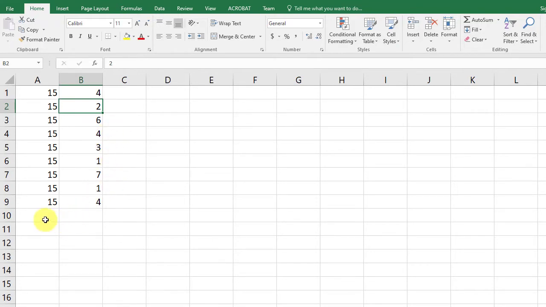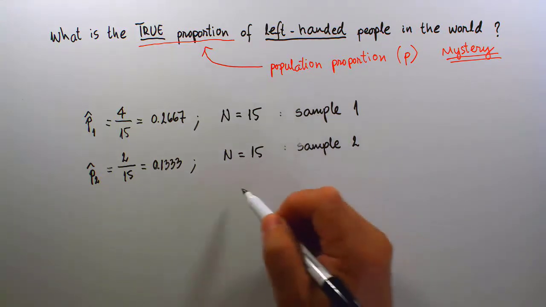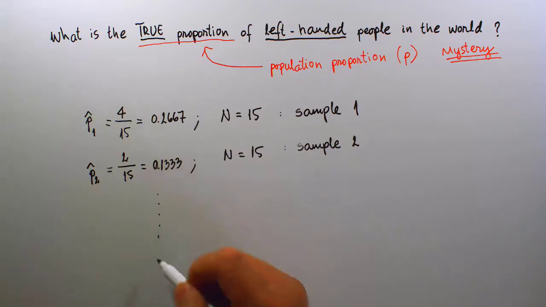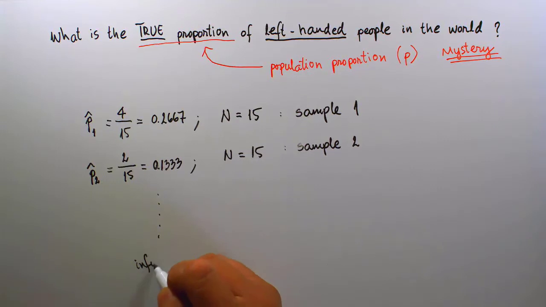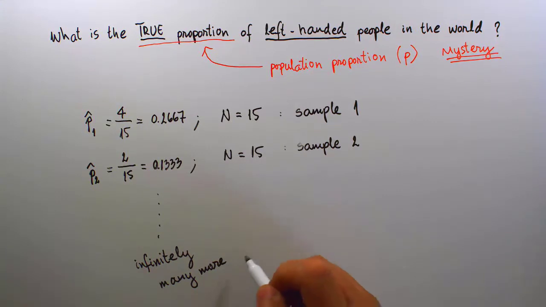I have to admit that this collection of samples is nowhere near enough to compare to all the samples existing out there, but it's enough to illustrate the idea that there are infinitely many more p hat values, sample proportion values.